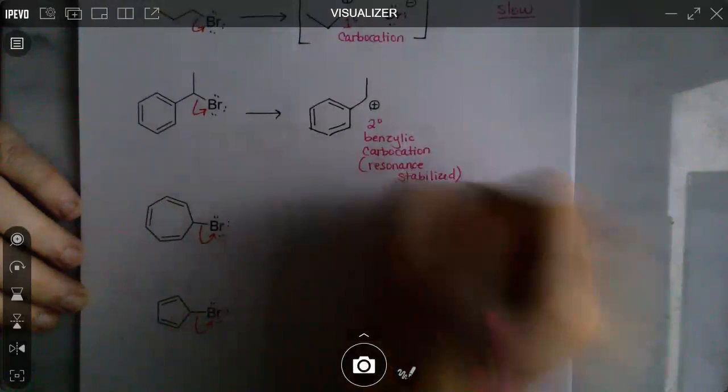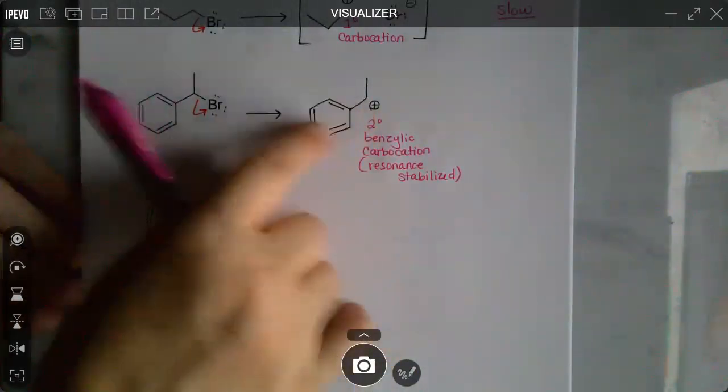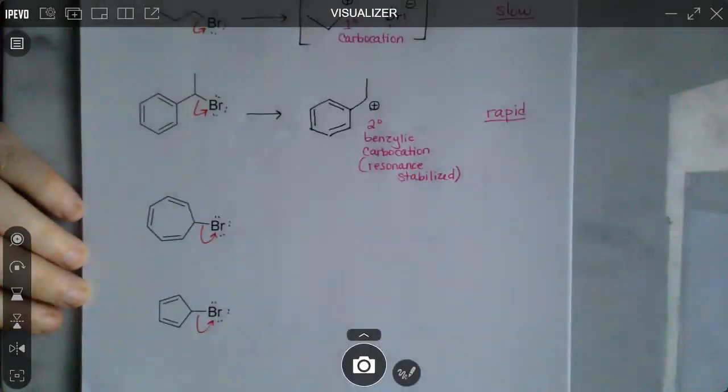Tertiary carbocations are considered to be stabilized through hyperconjugation, right? But because it's benzylic in particular, this should also be a rapid reaction.